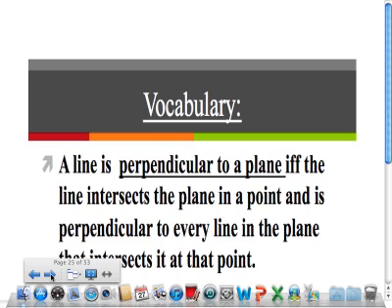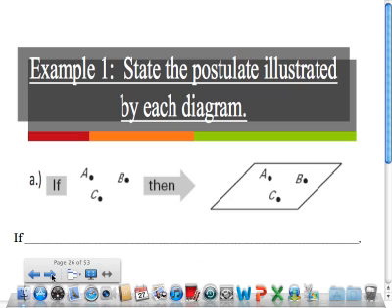Now we're on the back side here. A line is perpendicular to a plane if and only if the line intersects the plane in a point and is perpendicular to every line in the plane that intersects at that point. So example 1 says state the postulate that's being illustrated. If 3 points are not collinear, then they determine a plane.